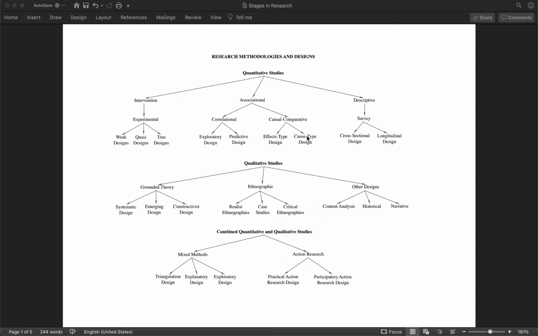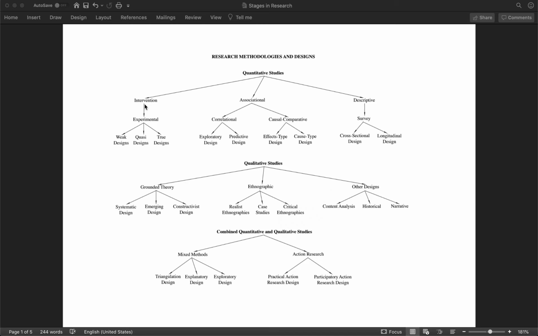You could use it similar to the example I had in terms of experience: what's the effect of experience on closure rate of a particular case, and look at it from a causal comparative design. These are all designs, and how you design it will determine what your outcome will be. They're both associational in that sense, my examples that I gave you, and hopefully that's giving you a trigger as to the difference between a descriptive versus an associational design study.